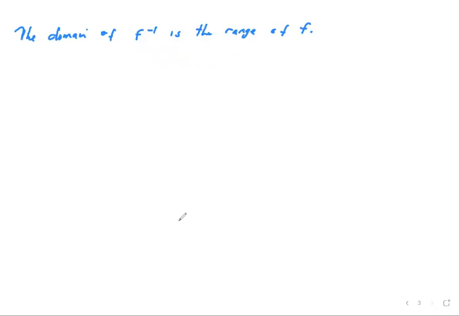So these same types of functions also have composites. What do we mean by composite?